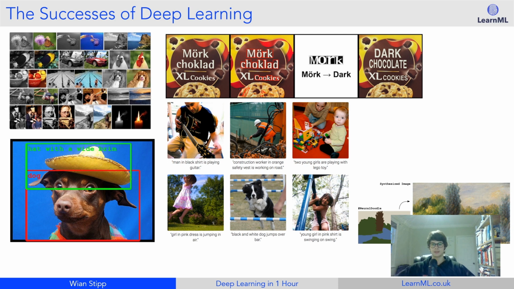Okay, some successes of deep learning. Top left, we see transforming black and white images back into colored images. This has some cool applications when you're trying to restore very old footage. There's a YouTube channel that does this, I think, where they take footage from the 1900s and restore it with full color.